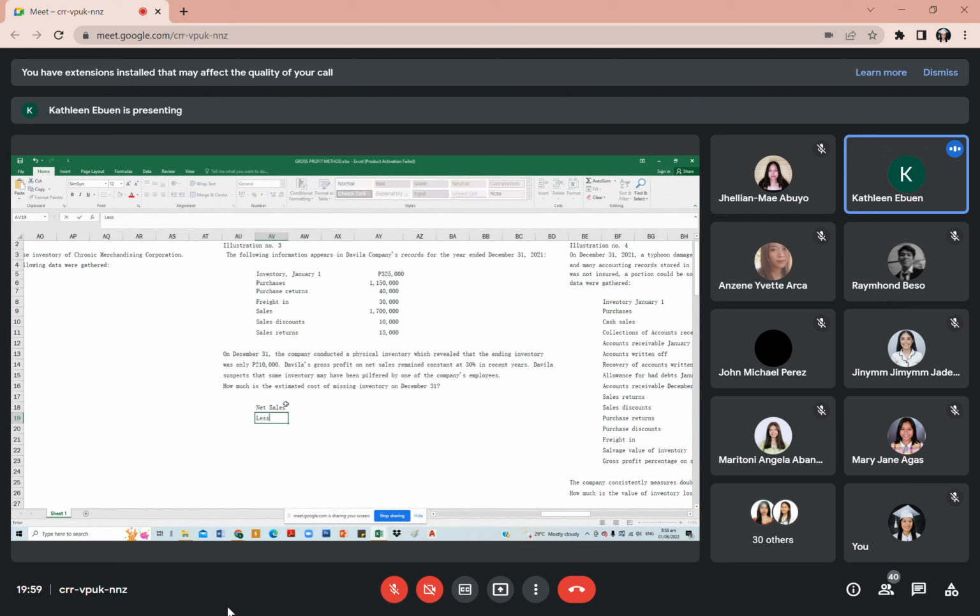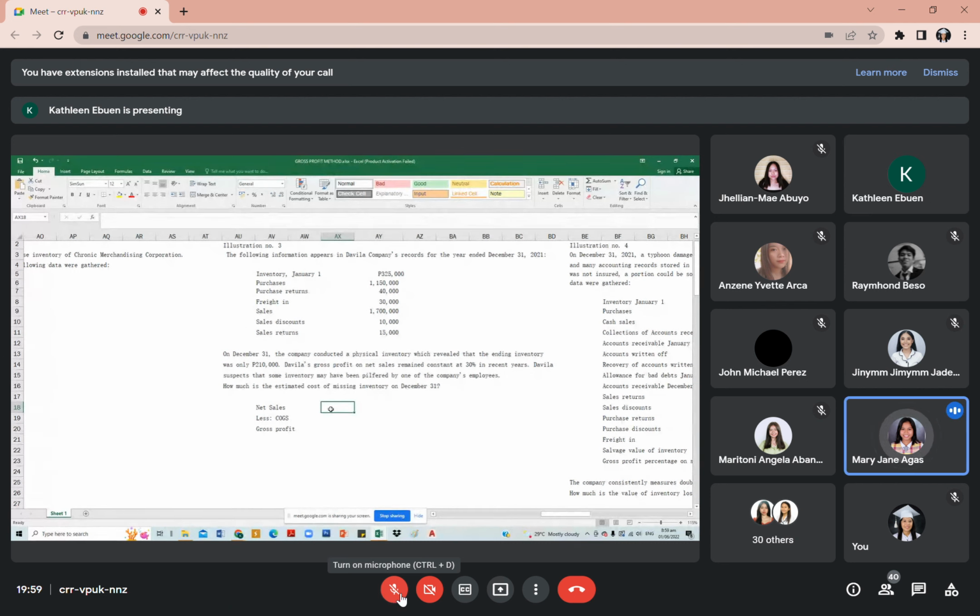Okay, net sales less cost of sales, cost of goods sold is equals to gross profit. How much is net sales? 1,685,000. So, what we subtract, class, is sales returns. Remember, class, sales returns, because sales returns affects the physical count of inventory, since the inventory was returned to us. So, this should be reflected.